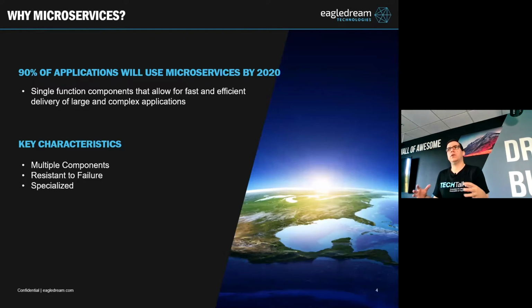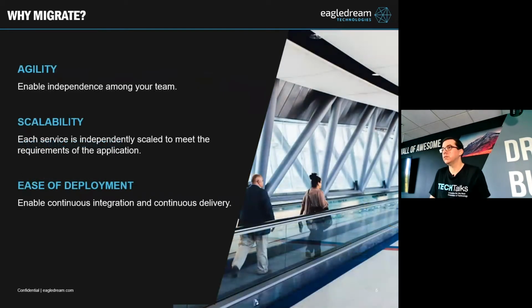Here, as you're separating your concerns, you can have specific areas that may not be as performant or have issues and go down, and you can recover from those. And so your entire application is not down. And it can be specialized. You can have very targeted services broken down to do very specific tasks. And that's really the way that you want to build your services in general.